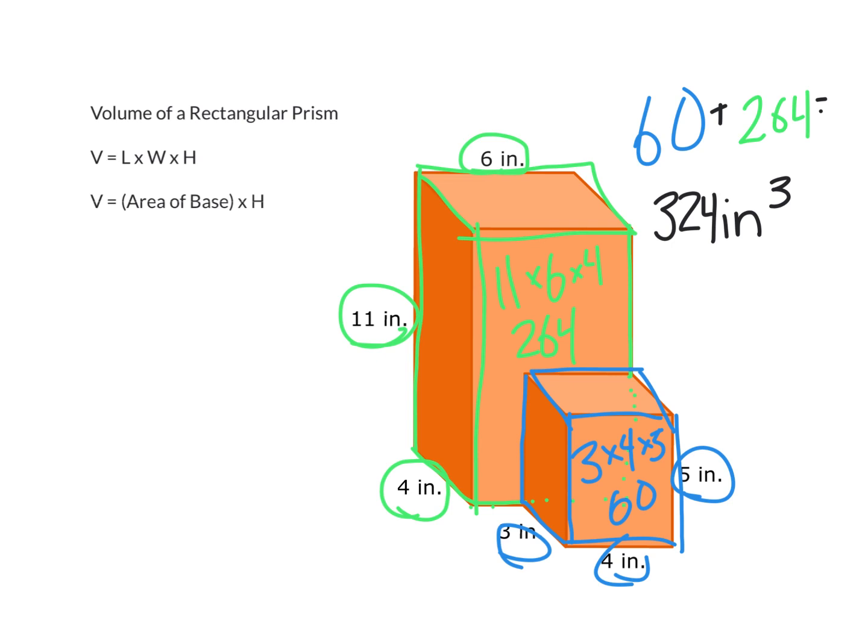And so again, we are just identifying and isolating the rectangular prisms to be able to find those volumes and combine them in the end.